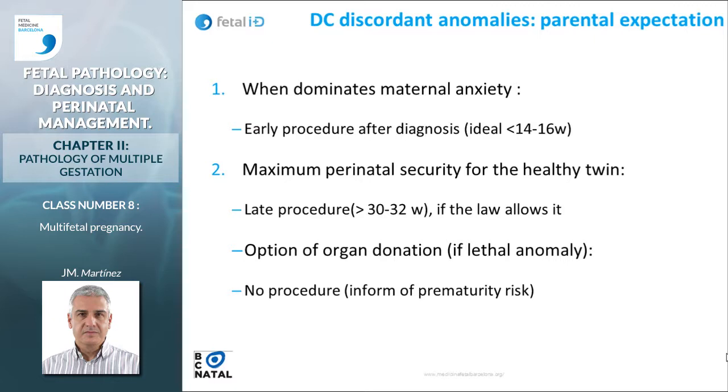We should also give the parents the option of organ donation in case there is a lethal anomaly. For example, a couple that had a fetus with an acrania-anencephaly sequence carried the pregnancy to term, and then donated the organs of the fetus that surely was going to die, and it is an option that sometimes the parents thank us for.